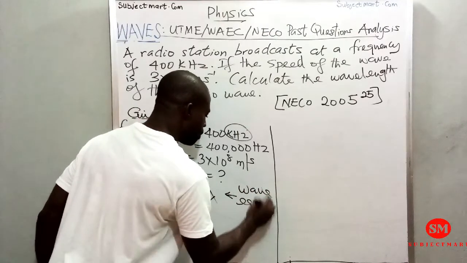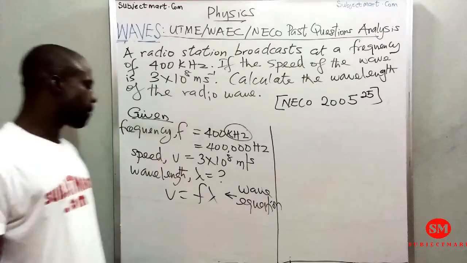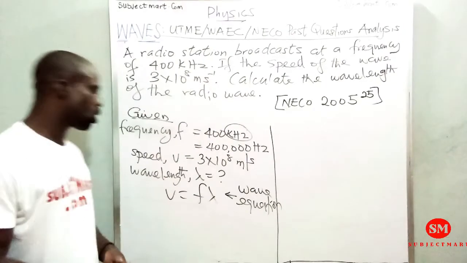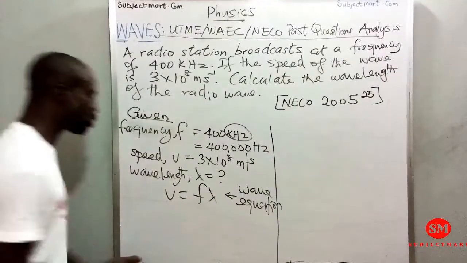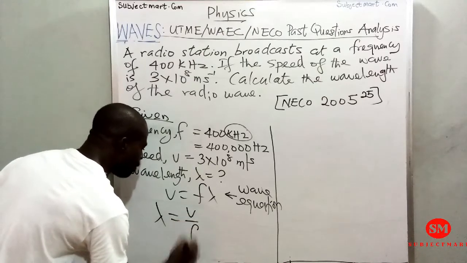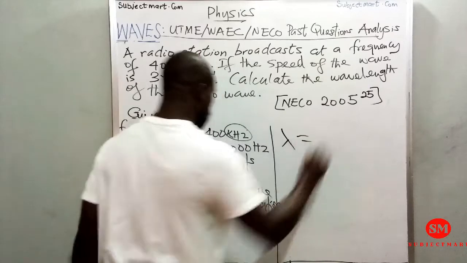Take note, very, very important. So V equals F lambda, where V is the speed, F is frequency, and lambda is wavelength. We want to find lambda. Let's make lambda the subject. So lambda is V over frequency. What is V?